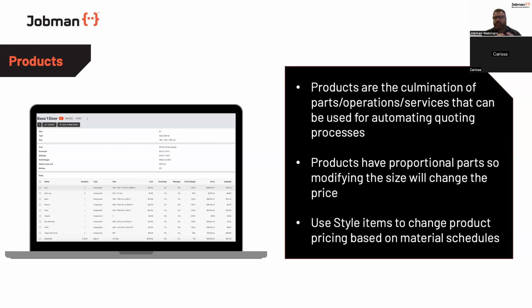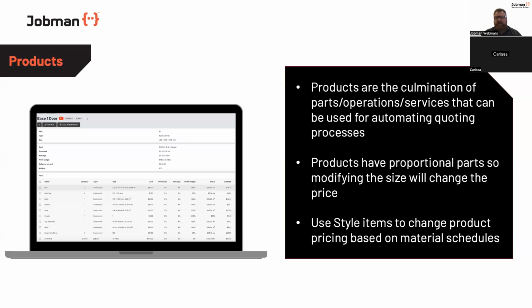You hear us use the word parametric a fair bit. You only have to build a small collection of products to be able to manage a large scale of quoting variance. The second part is style items. So style items are the ability to change the material schedules for which that product is made. So if I keep it really simple, and let's imagine a benchtop.